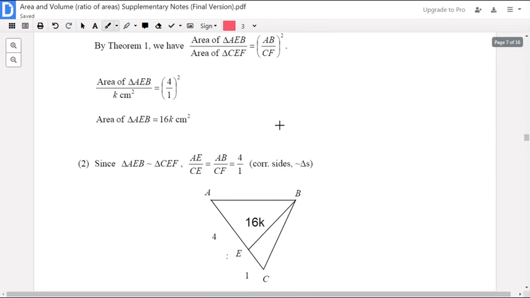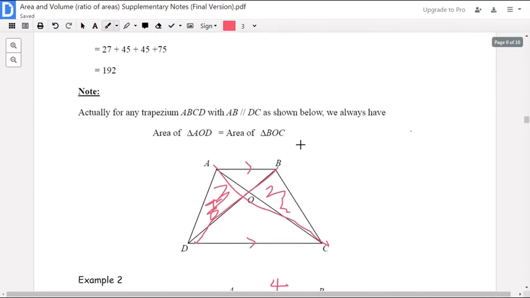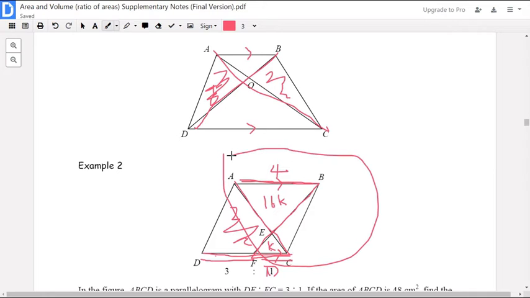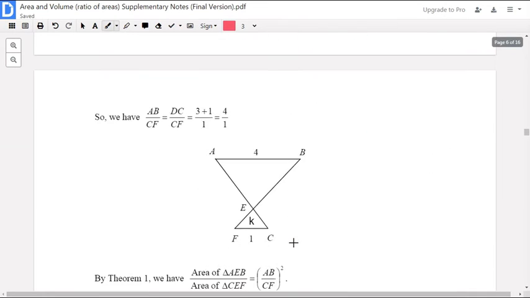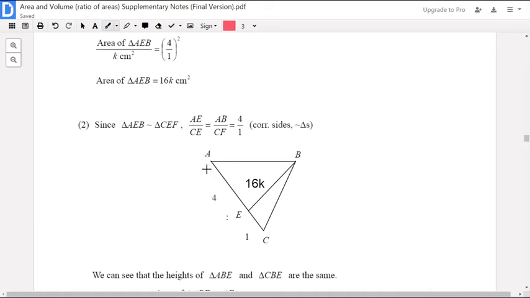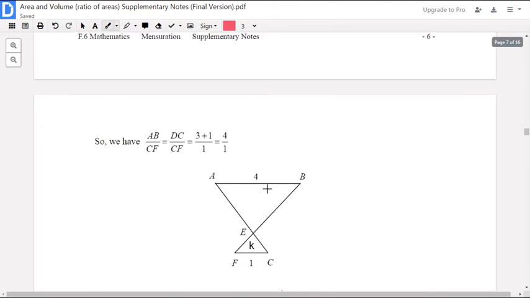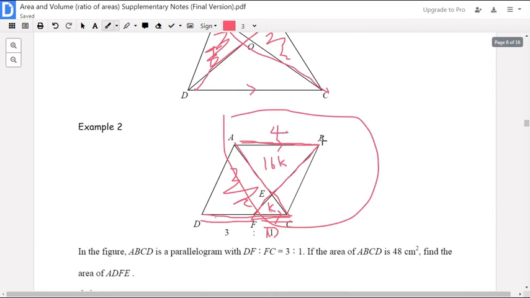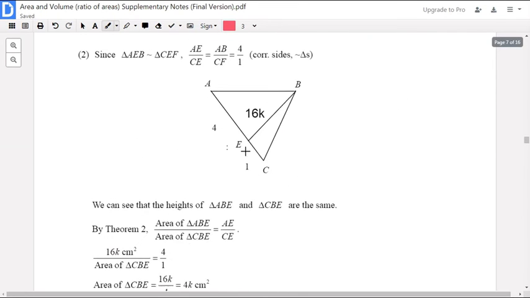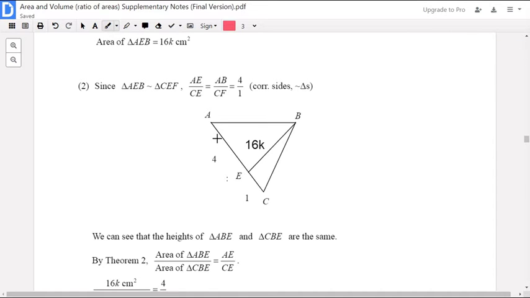Now, we look at the figure, this part, ABC. In this area, these two triangles, you can see that the ratio is 4 to 1. Again, since these two triangles, ABE and CFE, are similar, and the ratio here is 1 to 4, the ratio should be 1 to 4 again.